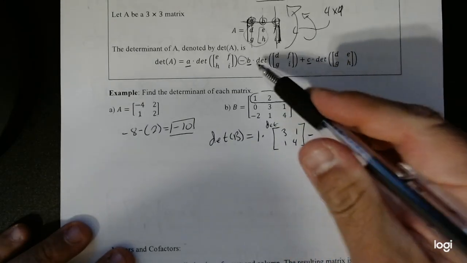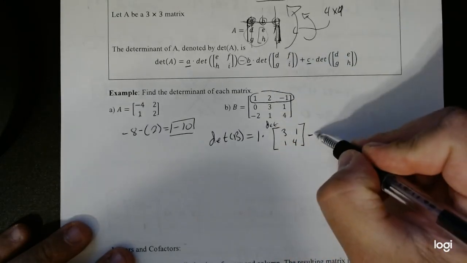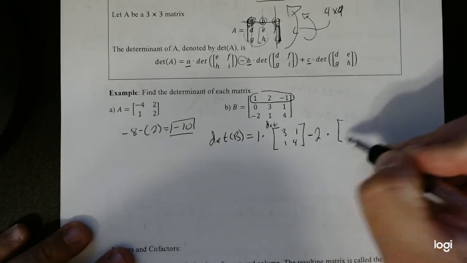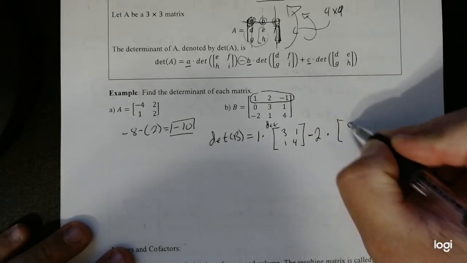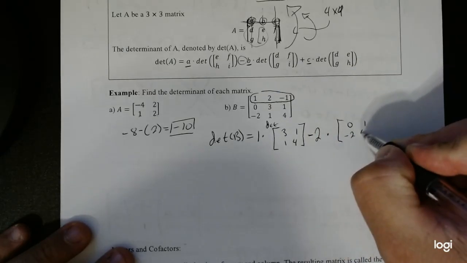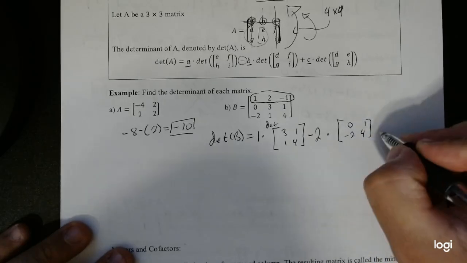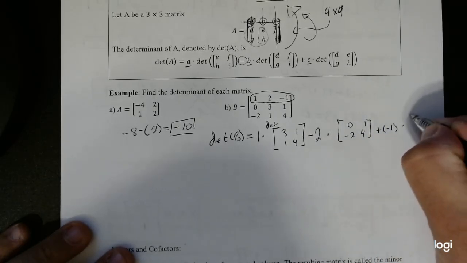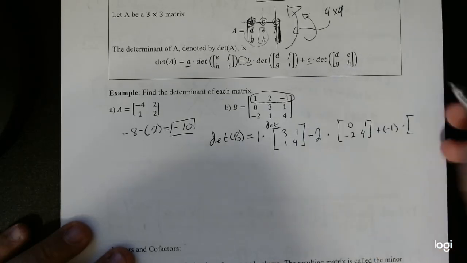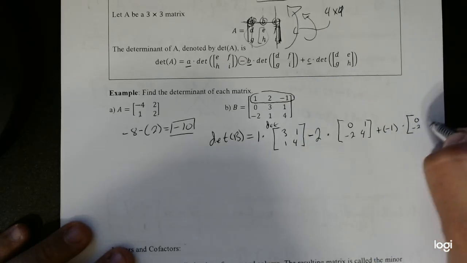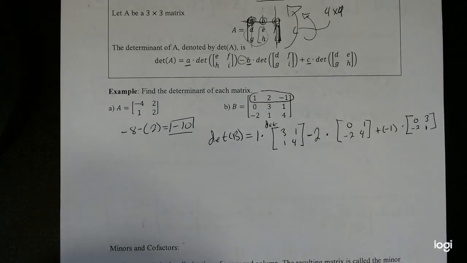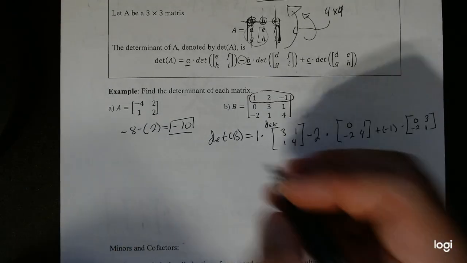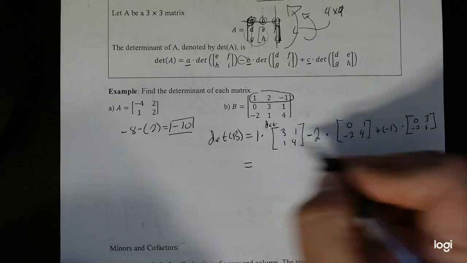Minus, so according to the rule, it's always minus the middle term, so 2, and then the determinant of now 0, negative 2, 1, and 4. Again, the determinant of this. Plus a negative 1 times the determinant of the last one. So you just cross this off: 0, negative 2, 3, and 1.